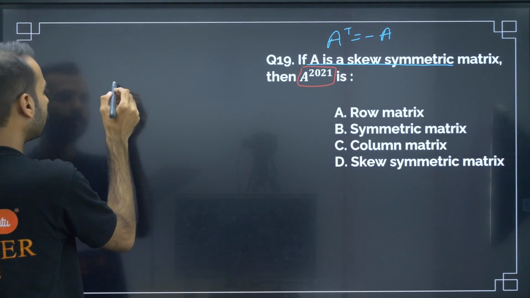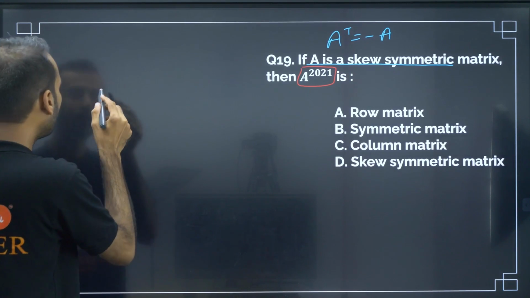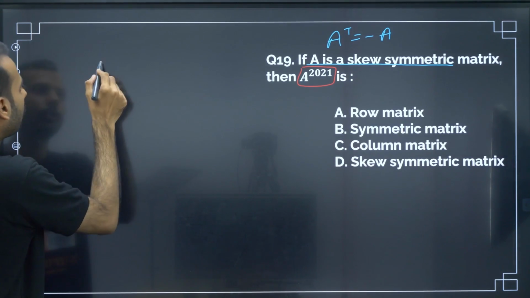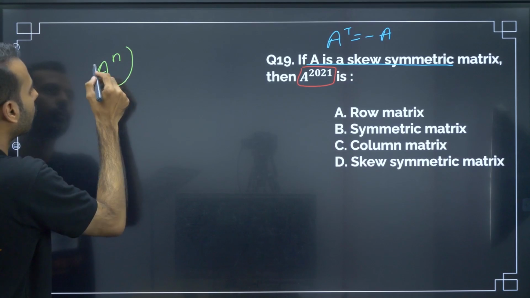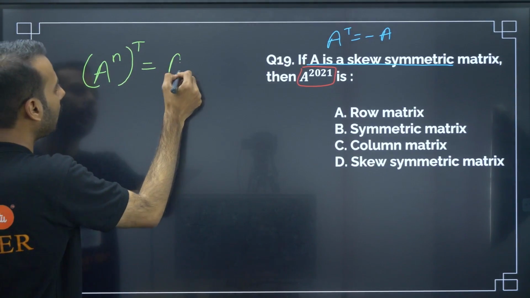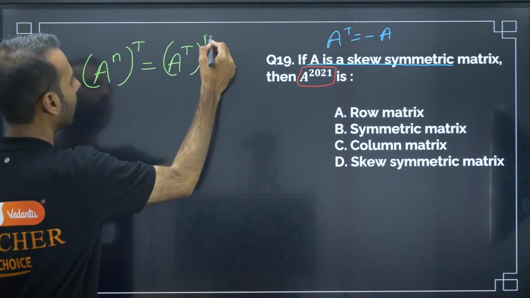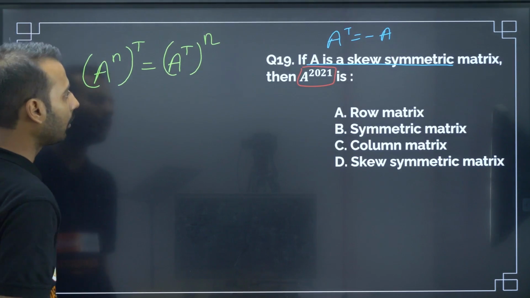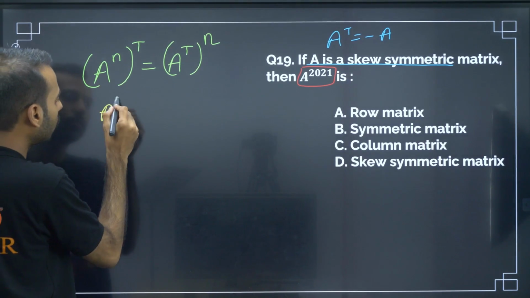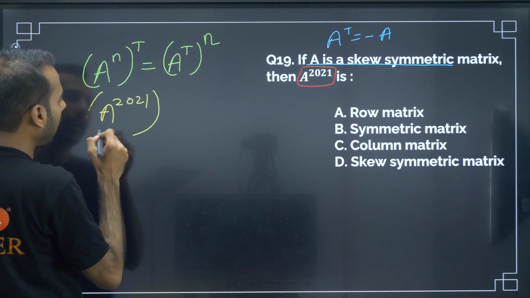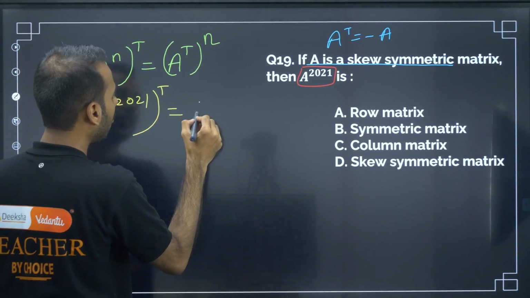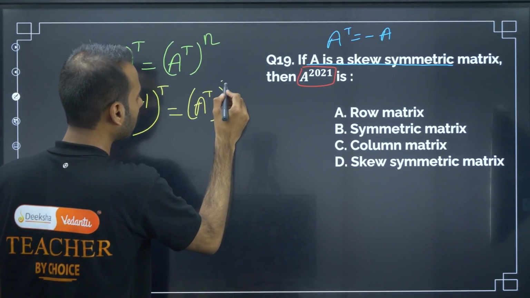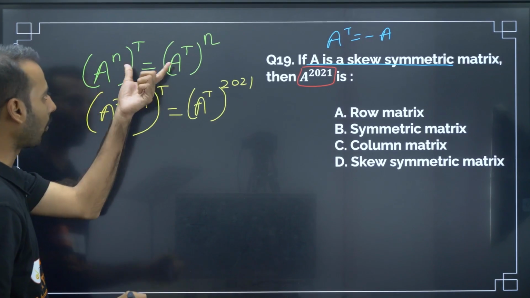For this, one synopsis point you should know: the transpose of A to the power n is equal to A transpose to the power n. So the transpose of A^2021 is equal to (A transpose)^2021 according to this property.